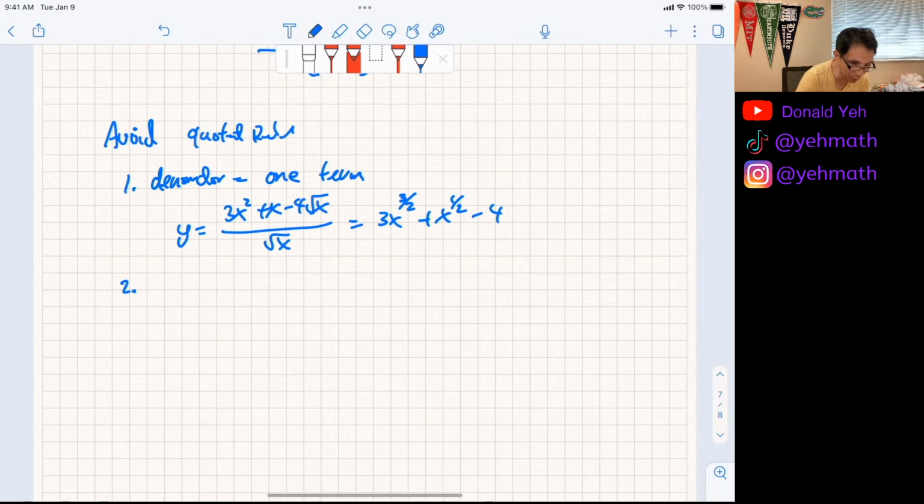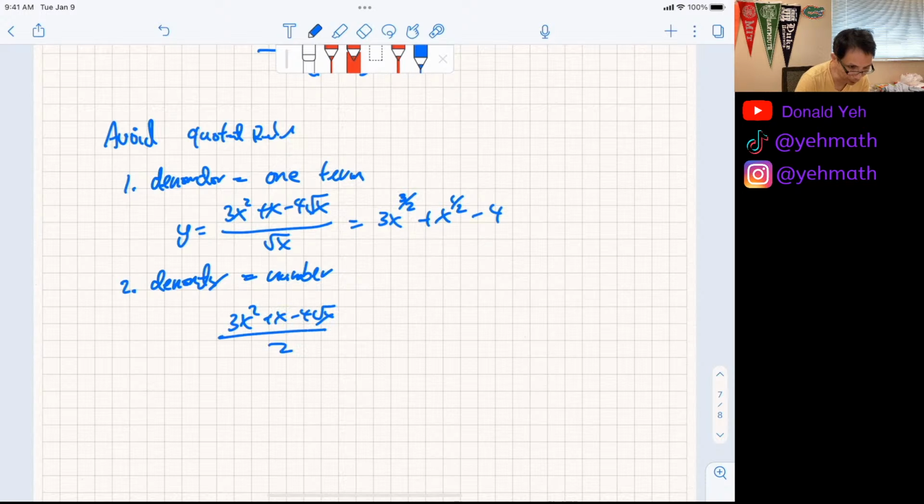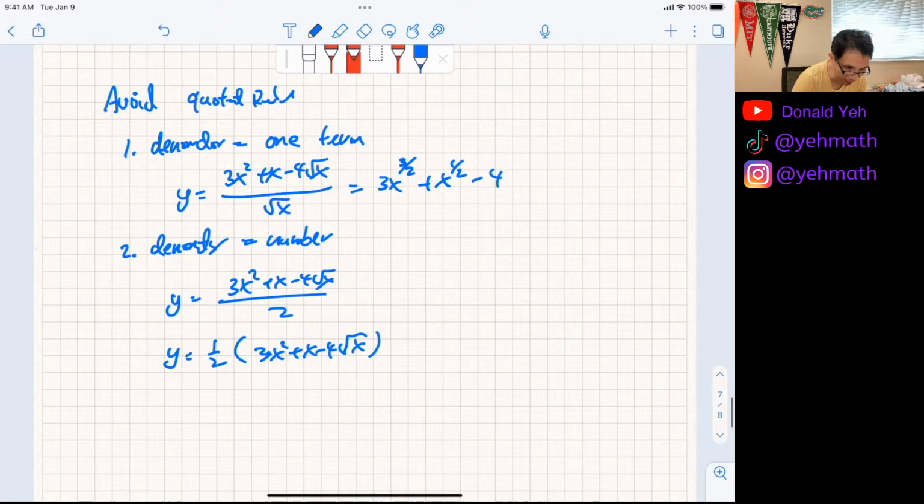The second moment you should avoid the quotient rule is when the bottom is 1 term, so the denominator is equal to a number. So if this is over 2, then do not do the quotient rule, because you can technically take out the 1/2 in the front and take the derivative from here, just leaving the 1/2 in front.